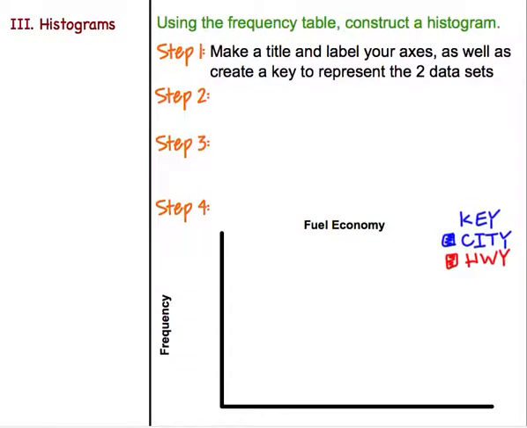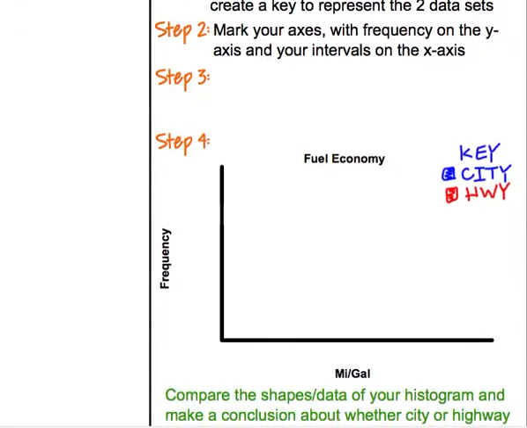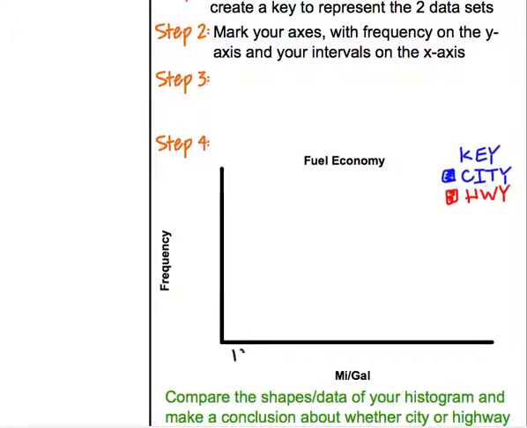Now my next step is going to be to mark your axes with frequency on the y-axis and intervals on the x-axis. So down on the bottom, I know that I went 18 to 23, 24 to 29, 30 to 35, and 36 to 41.